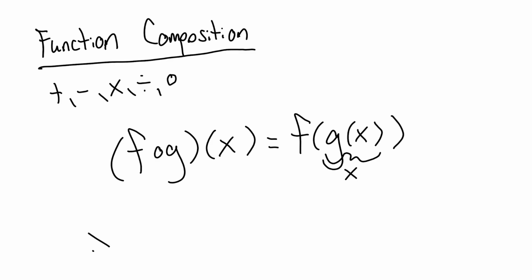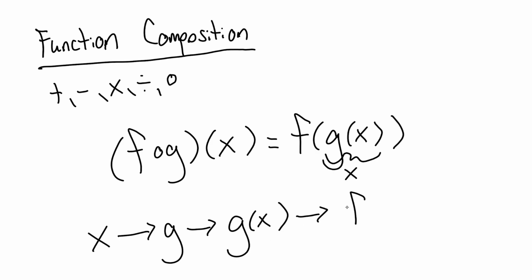So you have your initial input x goes into g, which spits out the output g of x, right? Now this g of x, this output, goes into f, and out comes f of g of x. Okay, so input goes into g, we call that output g of x.